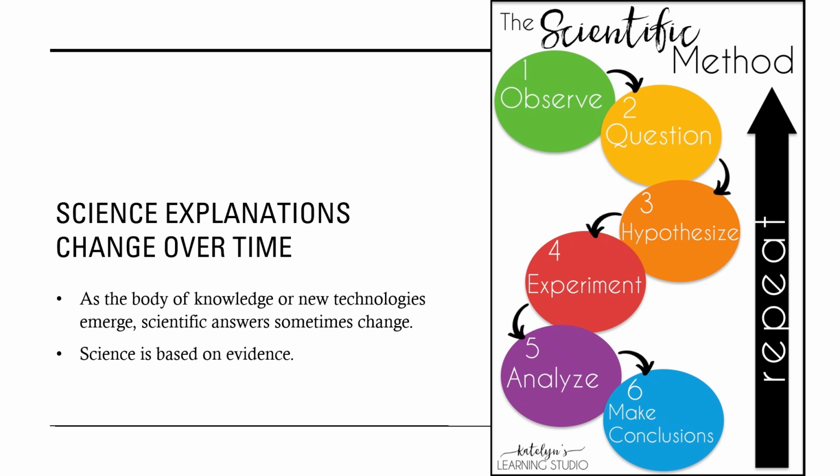I will say sometimes right now in our society, we have a tendency to think, oh, but scientists are always right because these are facts. And scientists, one, are fallible just like every other human. And two, science explanations do change over time. And we'll get into theories versus law later, and we'll see how that plays into that.